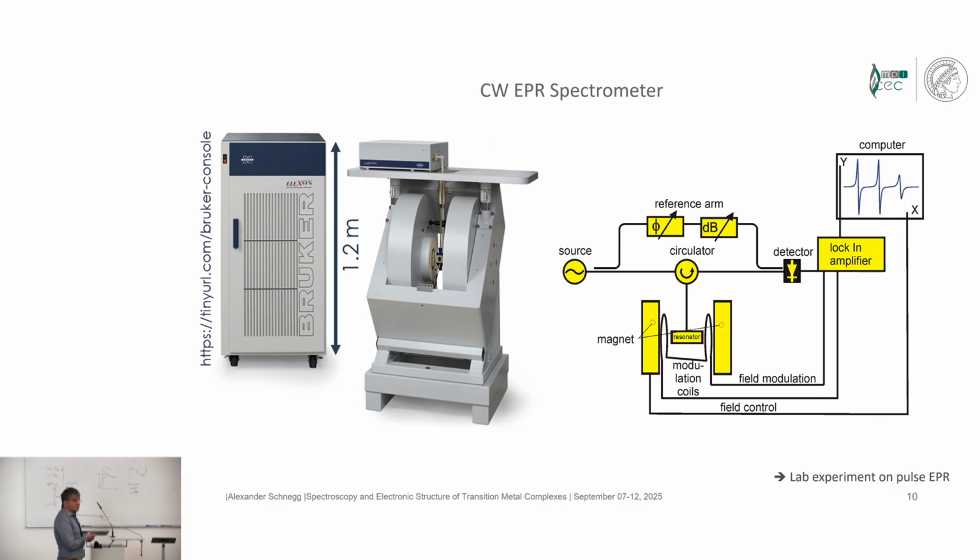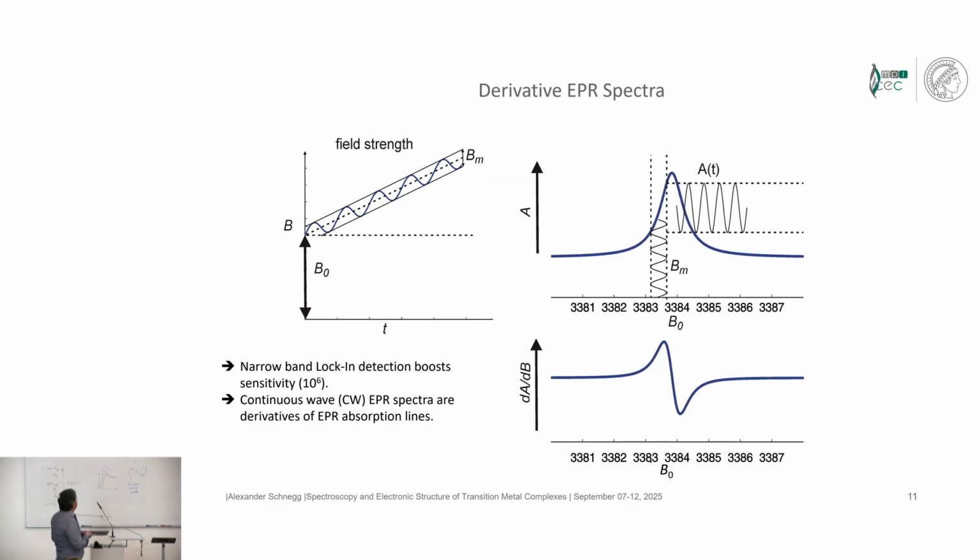This is a research grade spectrometer. You will see one in the lab tutorial. Coming back to the field modulation, this vector is the external magnetic field, which is swept over time, so it's getting bigger and bigger, but on top of it we apply a fast modulation in the kilohertz range.